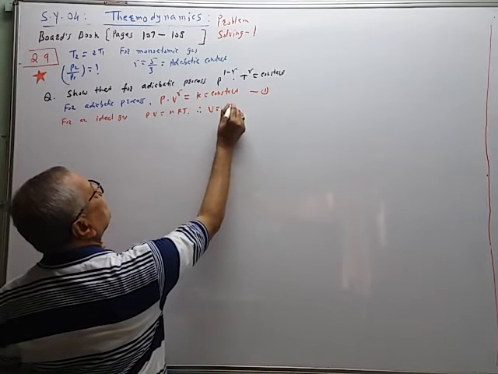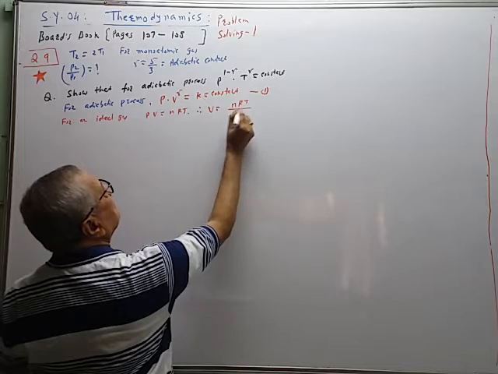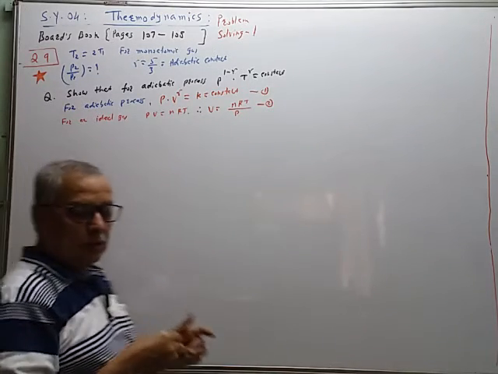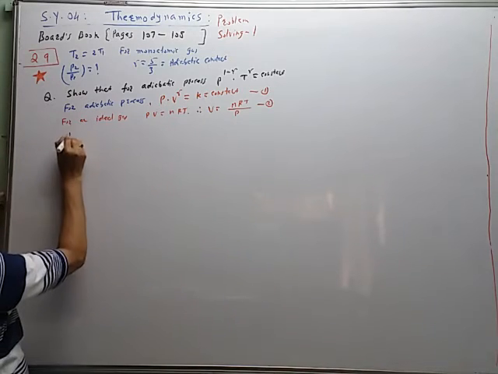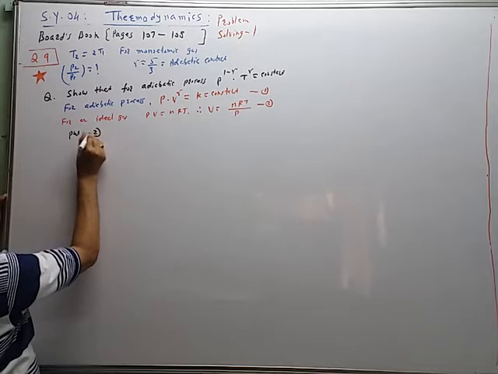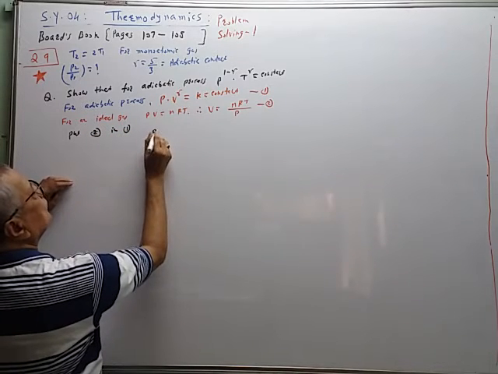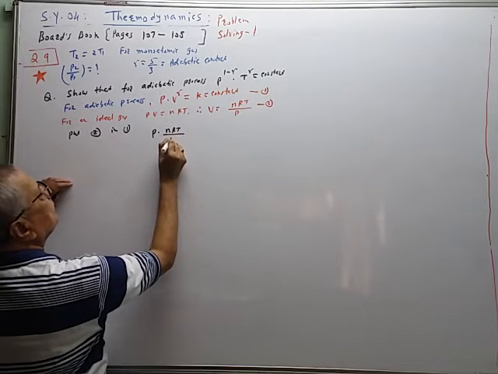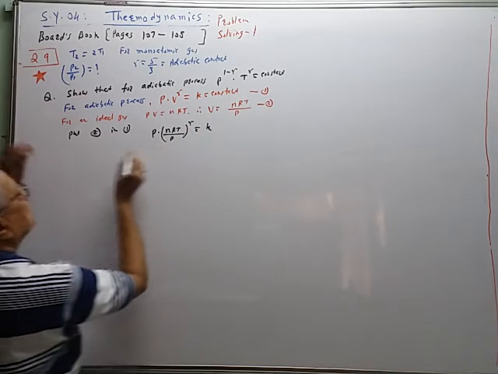Therefore V is equal to nRT upon P. So this is equation second. Put 2 in 1. Therefore P into V च्या ऐवजी ही व्हॅल्यू टाकली, nRT upon P, raised to gamma is equal to K.